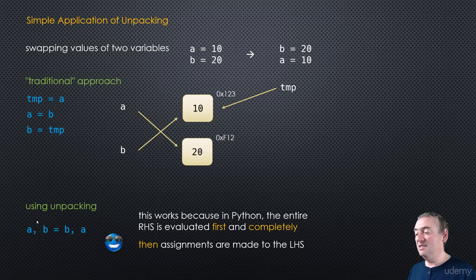And then it does the assignments. But at that point, we're no longer looking at the values of a and b when we're assigning to a and b. We're looking at copies of the memory addresses, because it's a tuple, right? That was created based on what we specified here. Anyways, that's kind of nitty-gritty details, but this is how we can use unpacking to swap 2 variables, for example. So that's pretty handy.